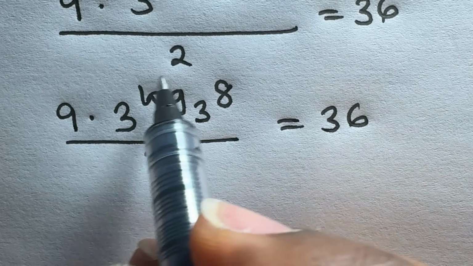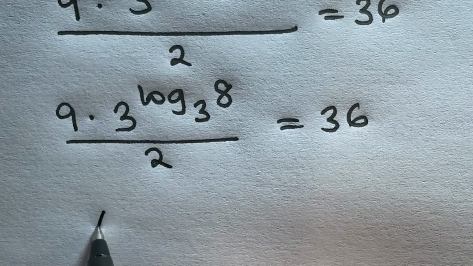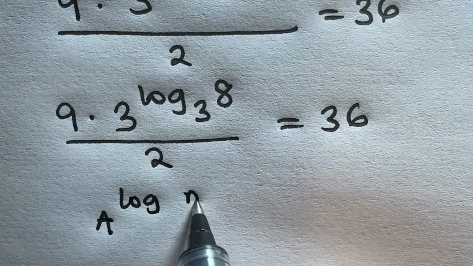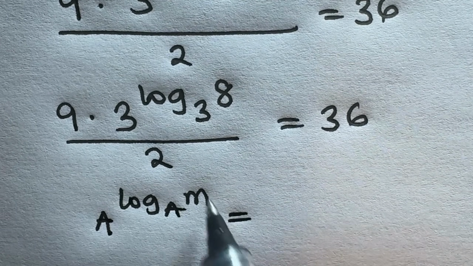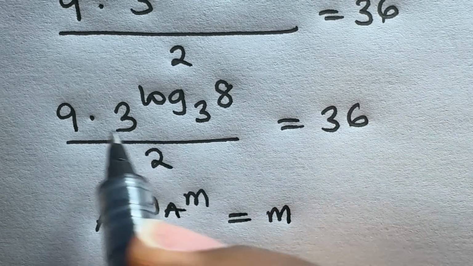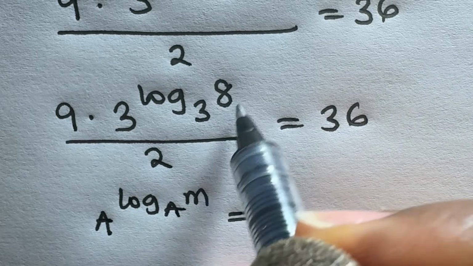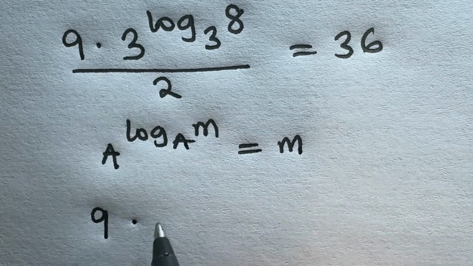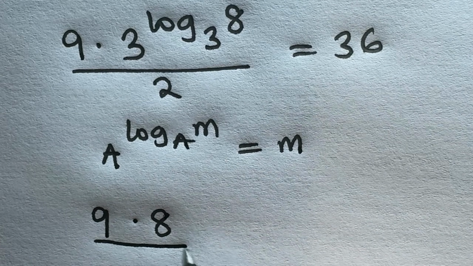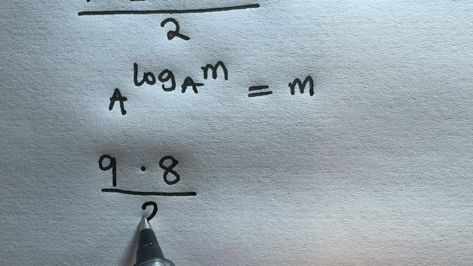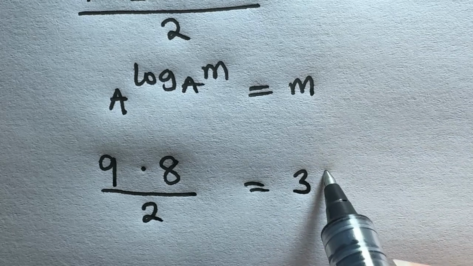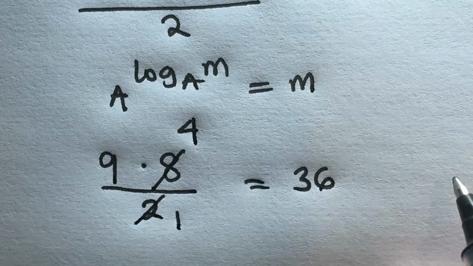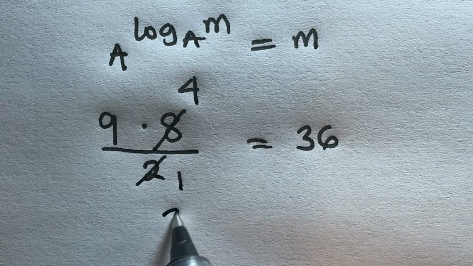By the law of logarithm, this expression here, which is of the form a raised to power log m base a and is expressed simply as m, will mean that this expression is 8. Then we have 9 times 8, then divided by 2 to give us 36. 2 here is 1, 2 in 8 is 4, 9 times 4 is 36.